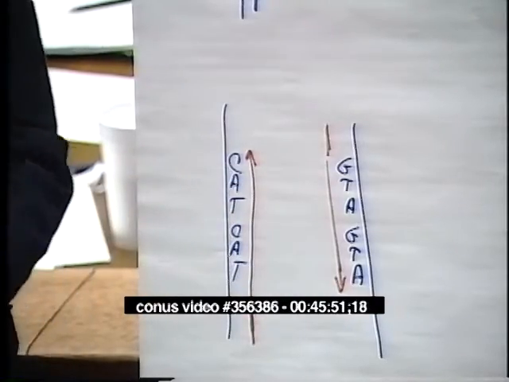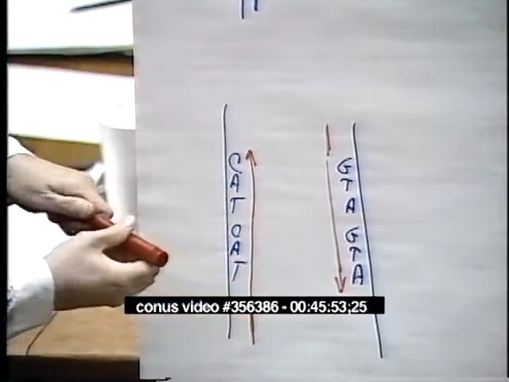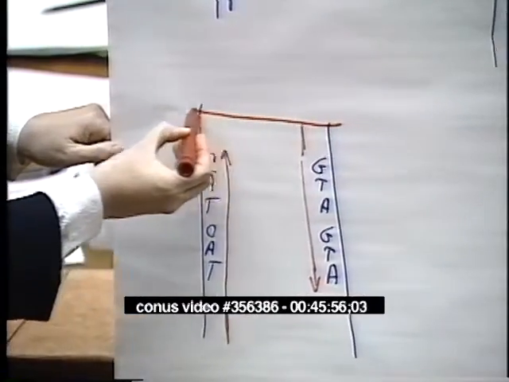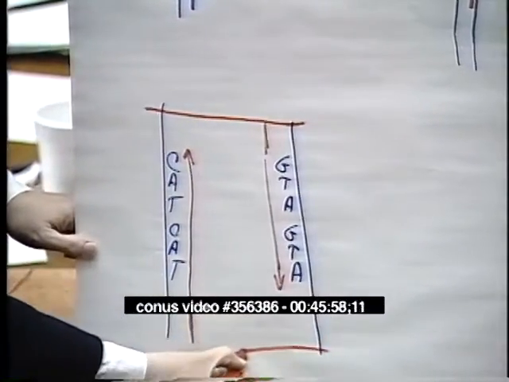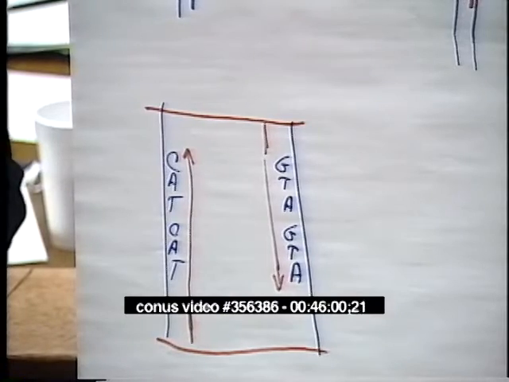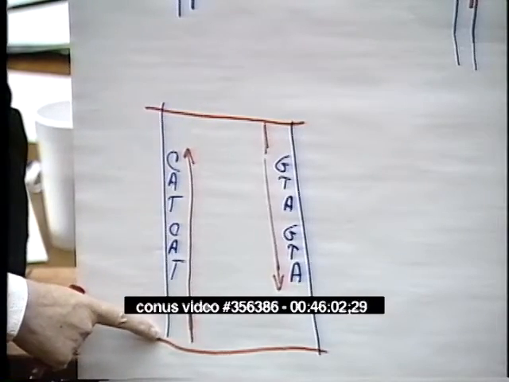Ultimately, as you go through the PCR, you will end up with a piece, many pieces, that are this long.